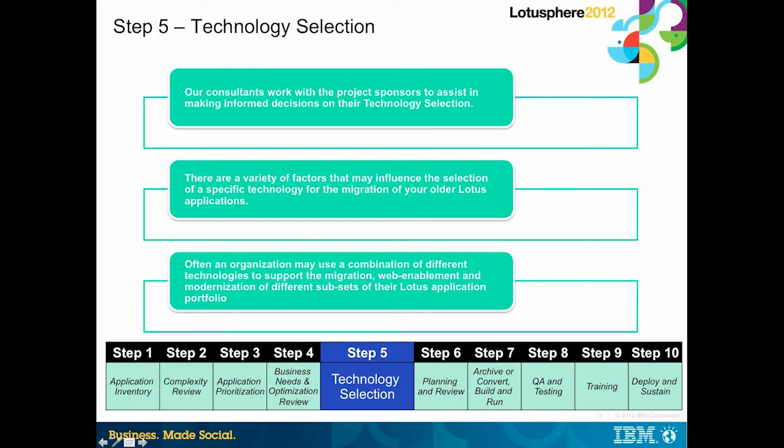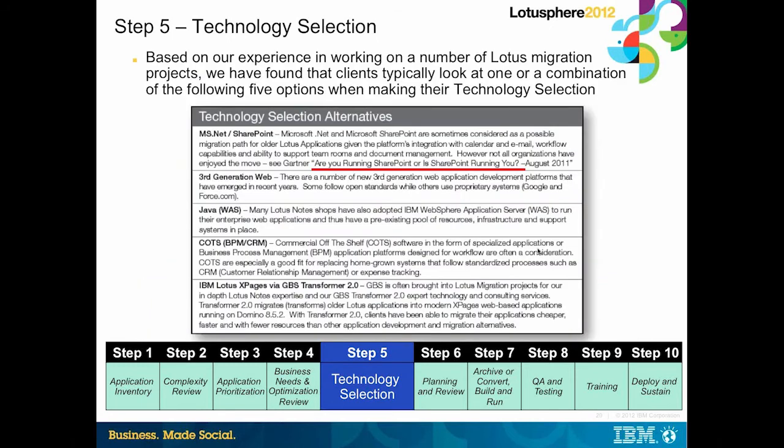A variety of factors, again, are going to influence the selection of a specific technology for your older applications. You might use a combination of different technologies moving forward, and some of those are going to be based upon business reasons, and some just upon management reasons. Sometimes that's outside of your particular decision-making role or responsibility, but you're still the one who has to live with that decision.